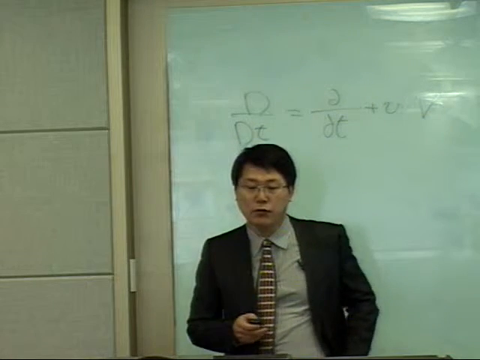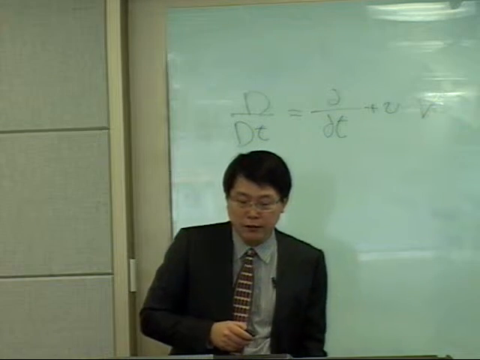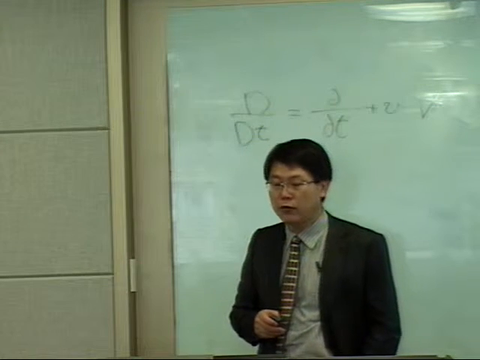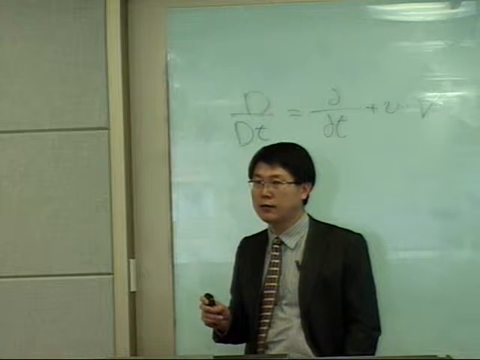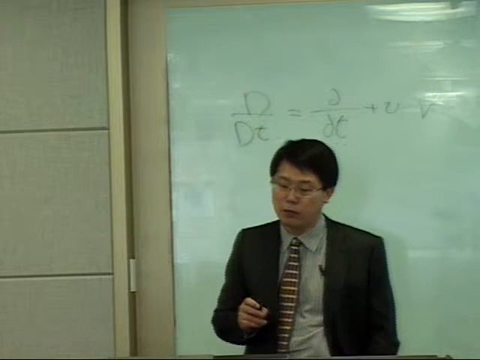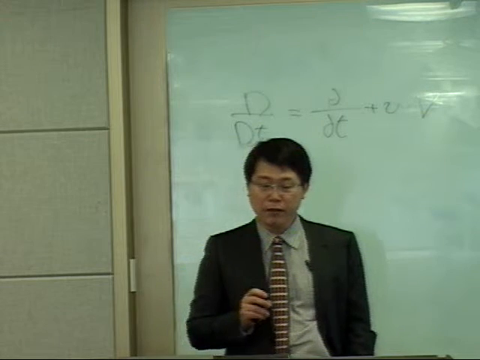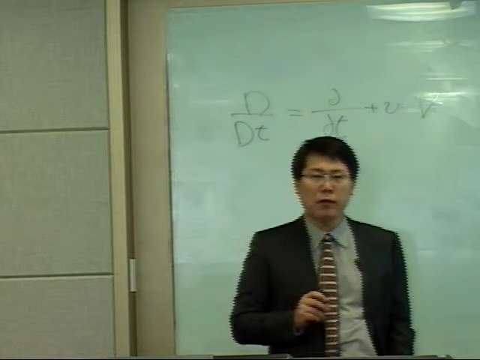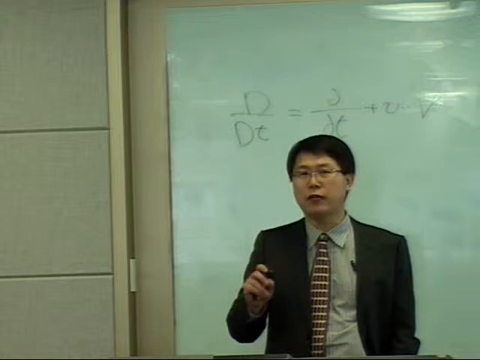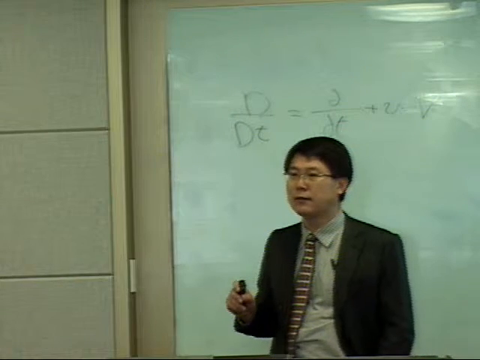Conservation of energy. To derive a general equation for conservation of energy, we should consider three forms of energy because they can transform to one another. In this case, internal energy, potential energy, and kinetic energy. Can you remember the internal, potential, and kinetic energy we talked about last class?